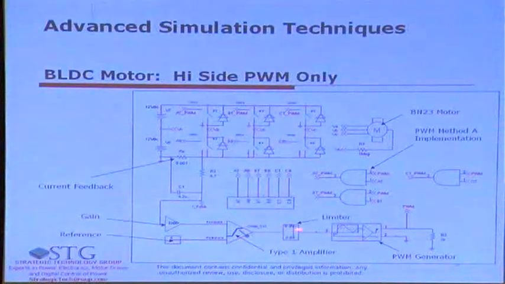When this becomes very small and these are complementary drives, I may not have enough time left when I want to turn this off and turn this on. The controller may demand a transition of 0.1 microsecond, so the top switch tries to switch off, the bottom one tries to switch on, and you have issues.